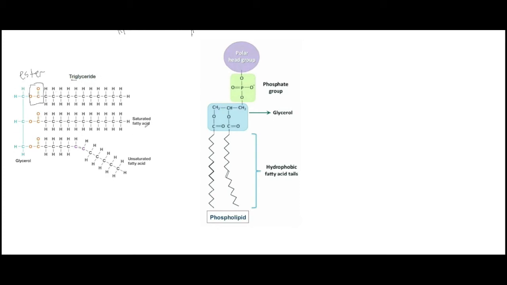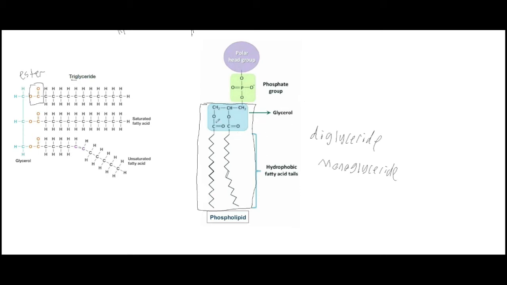So triglyceride has 3. And then we can also have something like this, where our glycerol is bound to just 2 fatty acids. And if we ignore this up here for just a minute, we can call this a diglyceride. And of course, we could also have just a single fatty acid, which we would then call a monoglyceride.